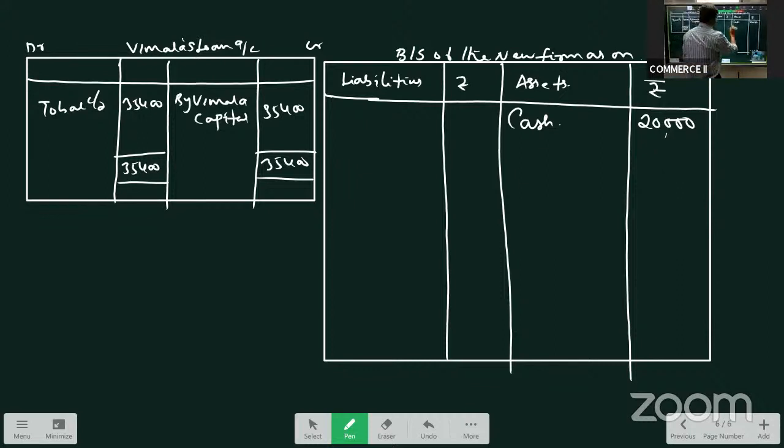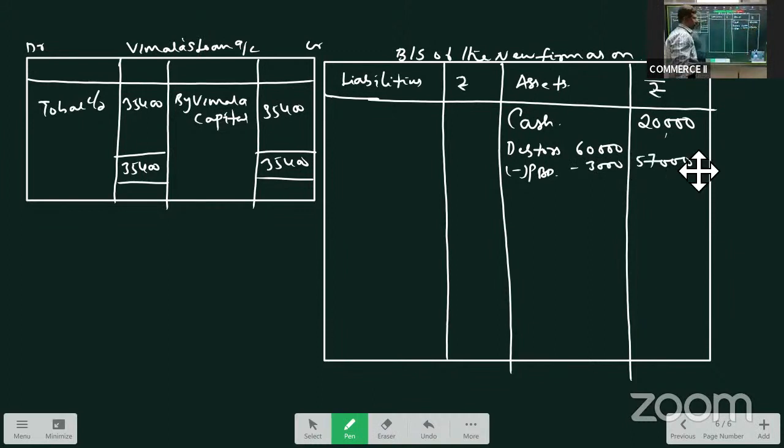So I'll take debtors 60,000 minus provision for bad debt 5%, which would be 3,000. So I'll take 57,000.